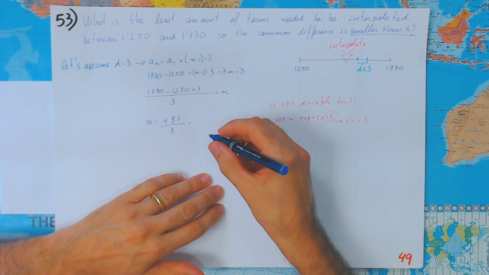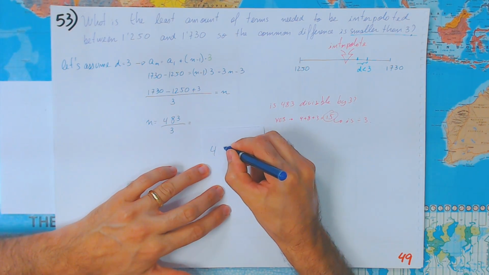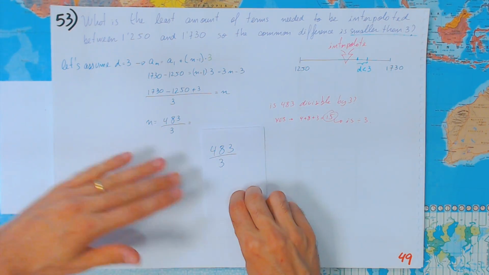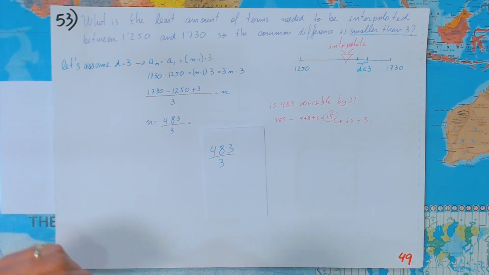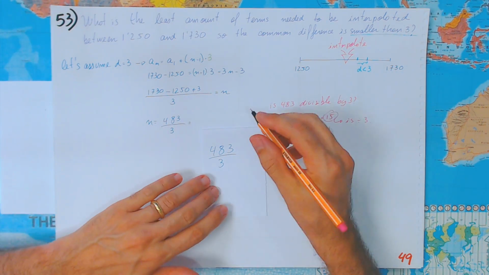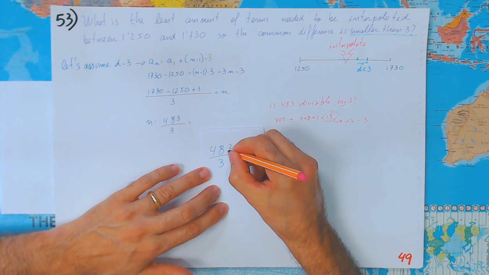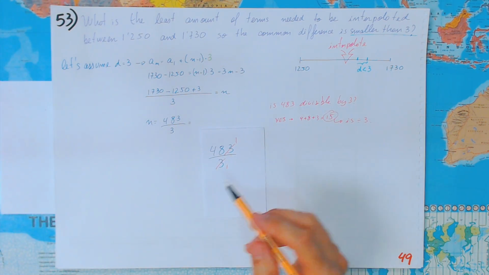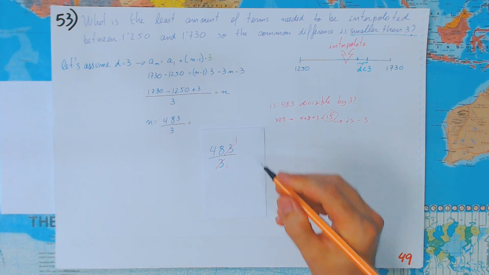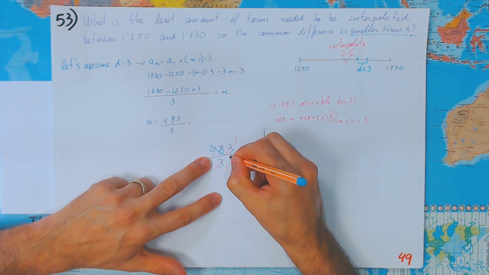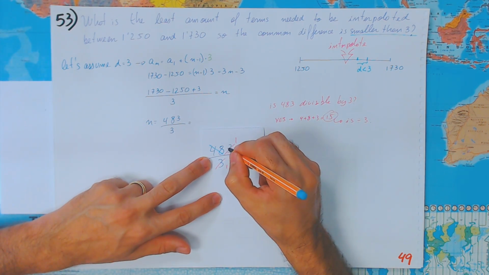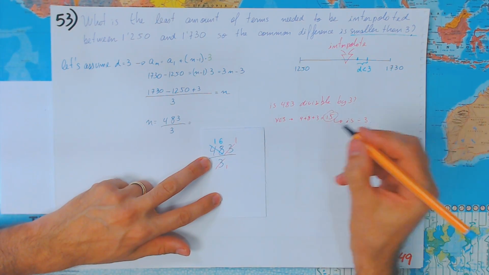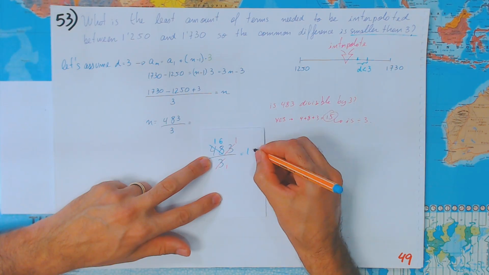How do we divide that? 483 divided by 3. Look, like I said, you can't write it down, but you can think. No one can forbid you to think like this. You can just cancel this with this, so 1, 1, and now look what you can do. You can also divide 48 by 3, and 48 by 3 is 16, right? Okay, it is 16. So the answer is going to be 161.